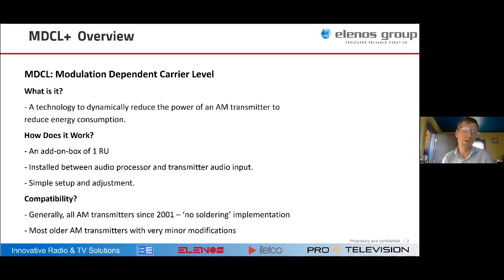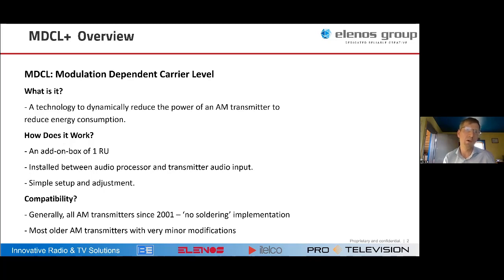were compatible or were upgraded to be compatible with HD radio. And part of the changes that were made at that time for HD radio compatibility was to allow the audio input to be DC coupled. Most typically, if you're running AM, no HD radio, you would AC couple your audio input, meaning that there's a high pass filter there.